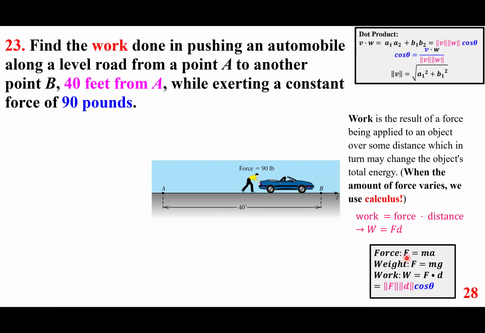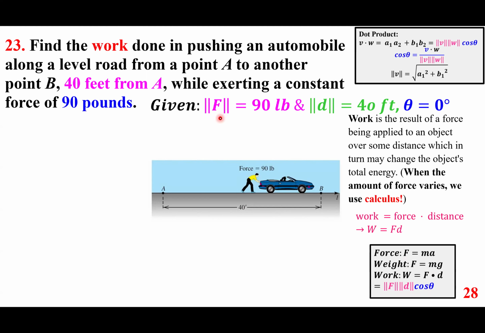Force is m times a. The weight is F equals mg. The work is F times D in the same direction. Otherwise, you have to figure out the angle. And if it's not in the same direction, it's magnitude of F times magnitude of D times cosine theta.